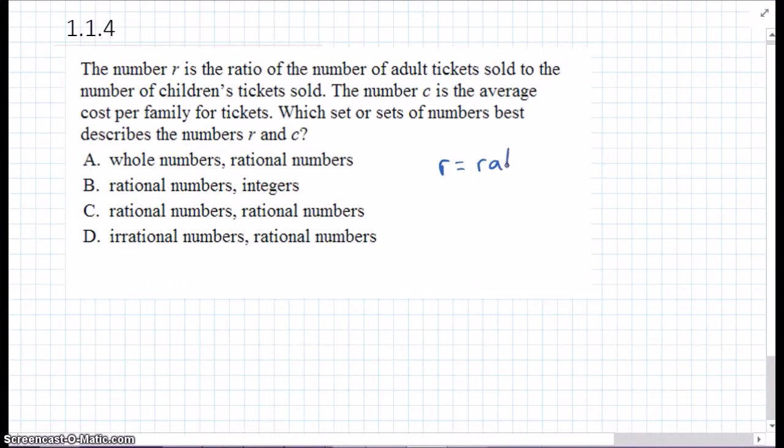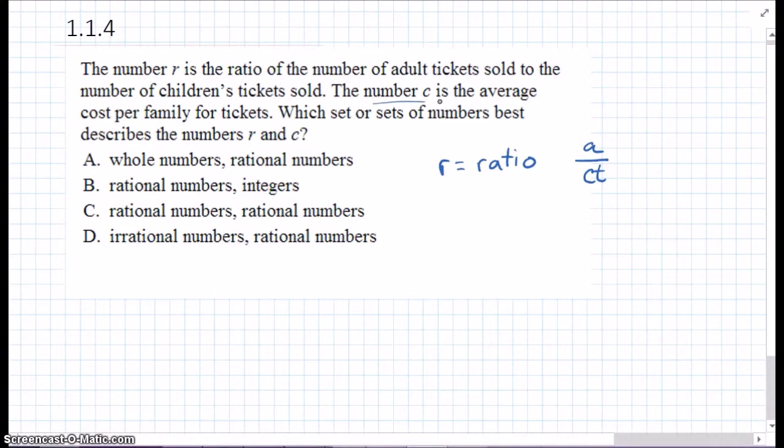A ratio, if we remember from Algebra 1, is something over something else, so adult tickets over children's tickets. So that has to be a rational number, because both the number of adult tickets and the number of children's tickets would have to be natural numbers. So R is a ratio.